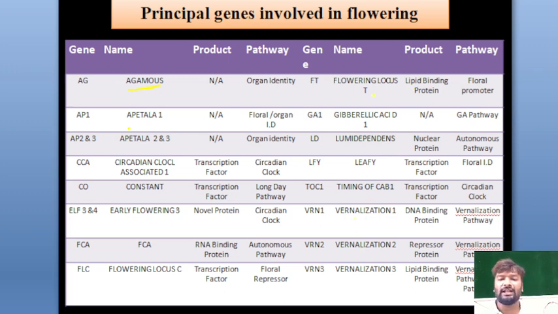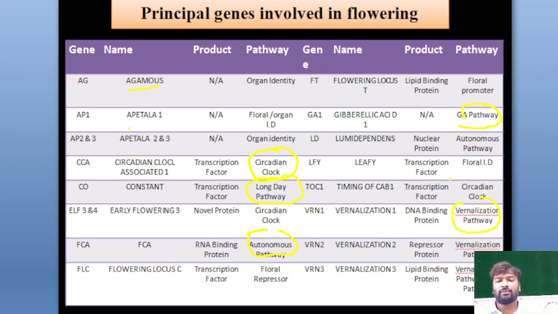So from this slide, the main conclusion is that there are a number of genes which are involved during the flowering process. The other conclusion is that there are a number of pathways: one is the circadian clock pathway, then the long day pathway, then the autonomous pathway, then the gibberellic acid pathway, then the vernalization pathway.